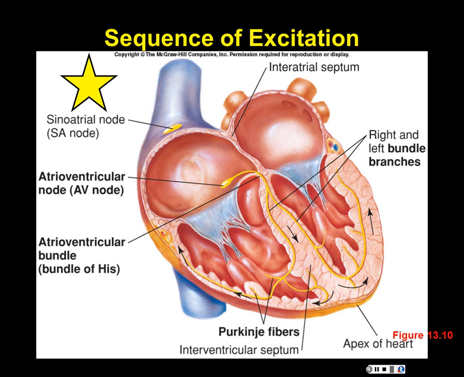The SA node. SA conducts to the AV, the atrioventricular node. Those conducting fibers then do what? Branch to the left and to the right. And then they continue, and the end things are called Purkinje fibers. So you might want to put a star there as well.